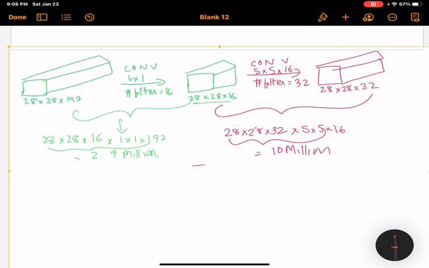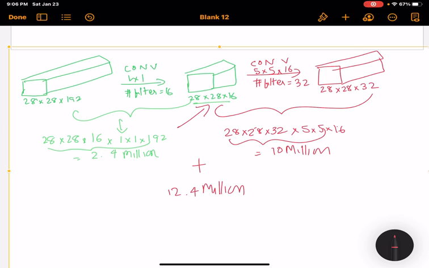So when I add these two, I get 12.4 million. That means if I insert a 1 cross 1 convolution operation in the middle, my total computation cost will be only 12.4 million.